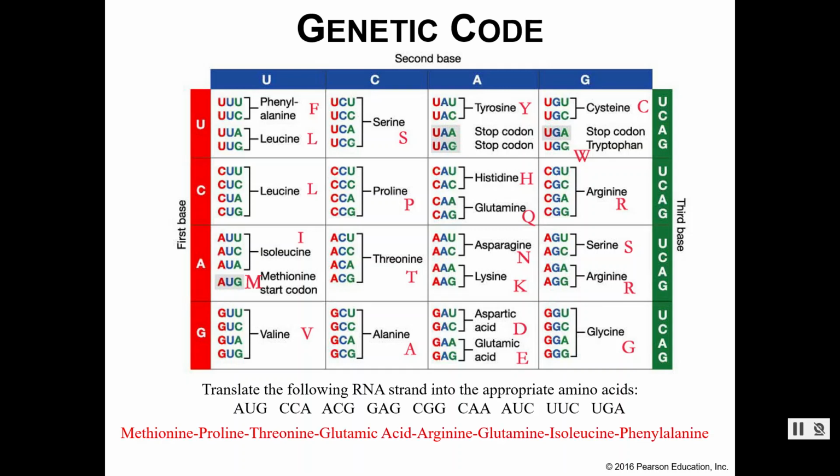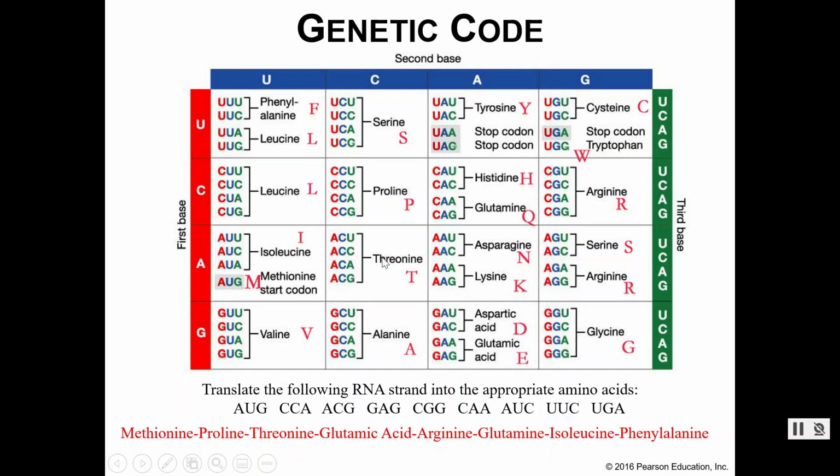All right, so we did the first one together. AUG was methionine. Next was CCA, so we had C and another C. CCA is proline. In fact, everything in this box was proline. Then we have ACG. Again, we got lucky.